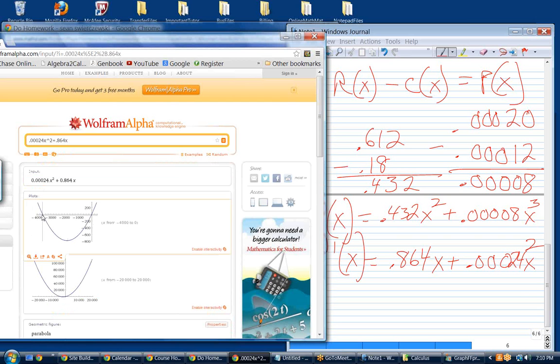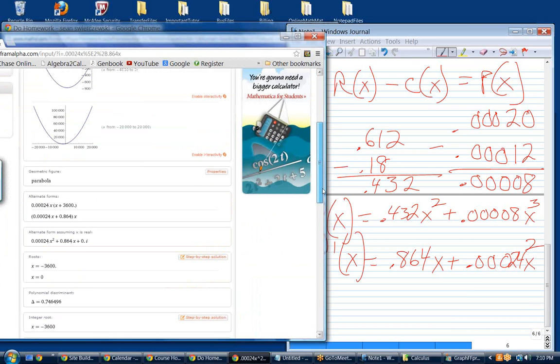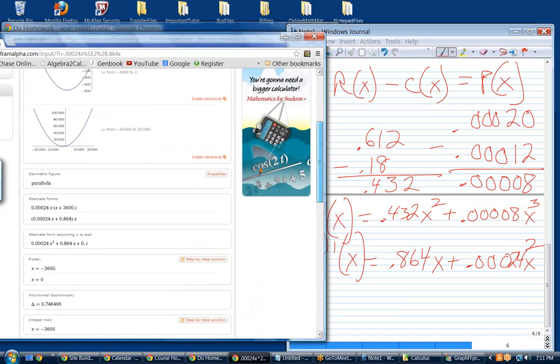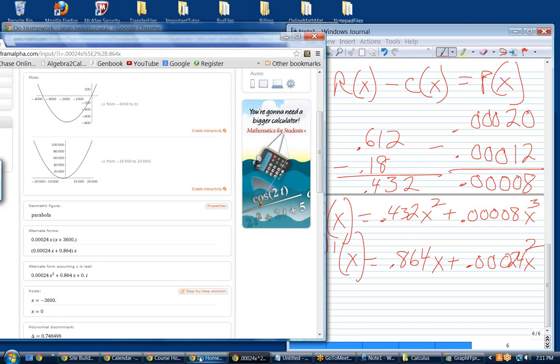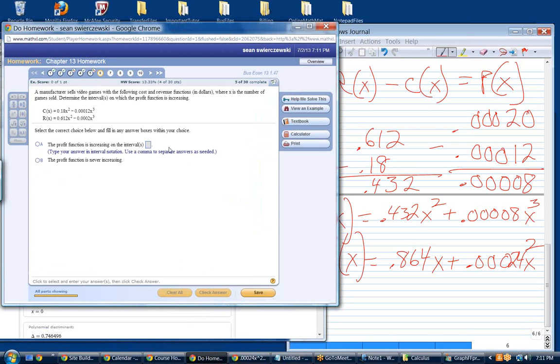Okay, so that value right there, it was increasing from negative infinity up to there. And what is that value? It's one of the zeros, minus 3,600. Okay. So the profit function is increasing on negative infinity.